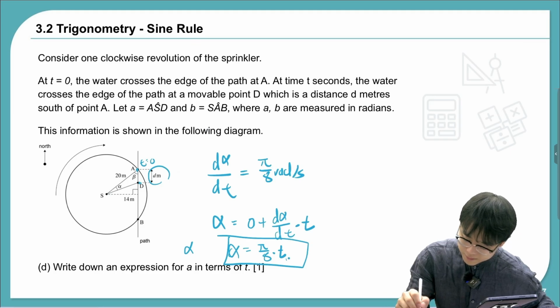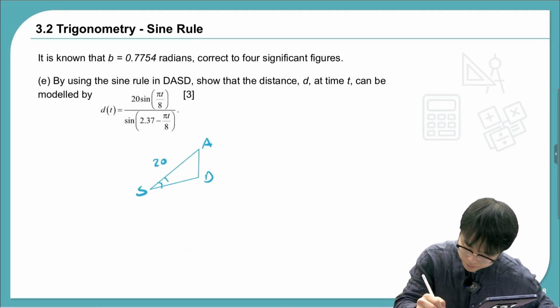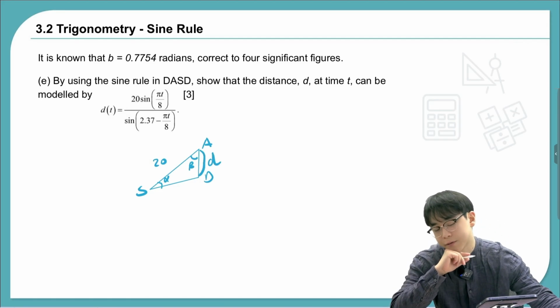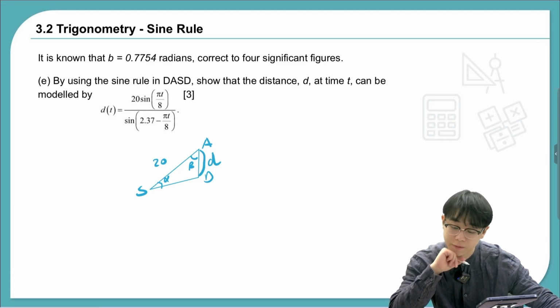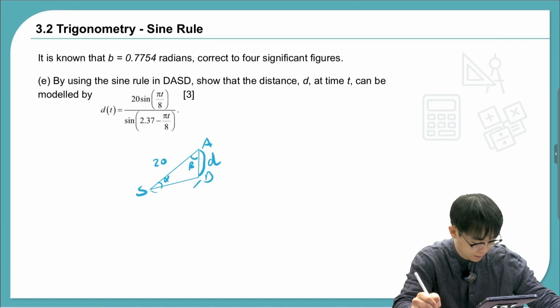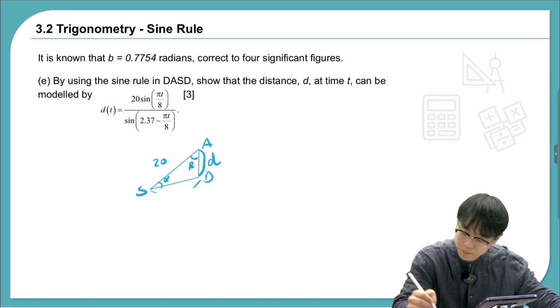So this is alpha, this is beta, and this is going to be our small d. And d is going to be moving as a function of time, and we want to find that.